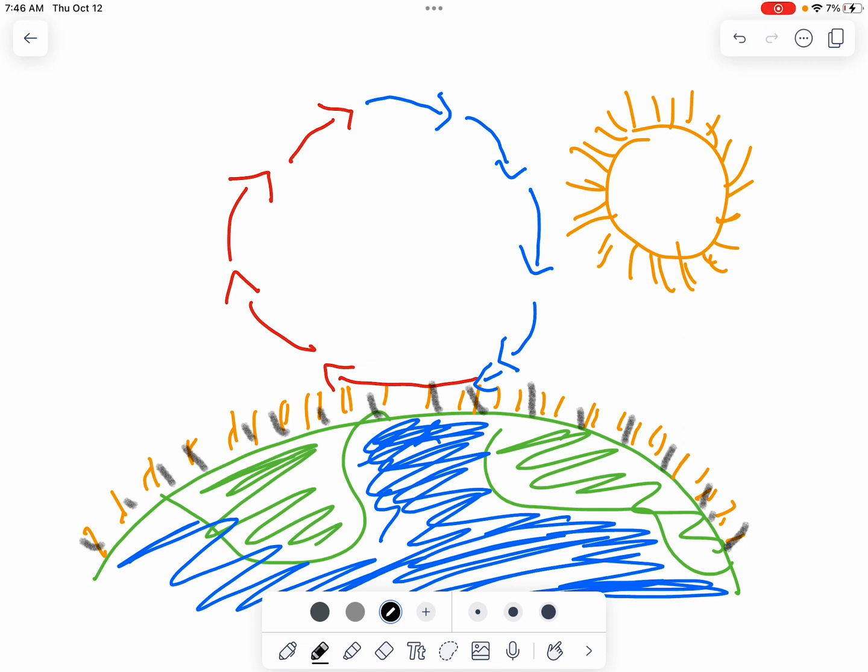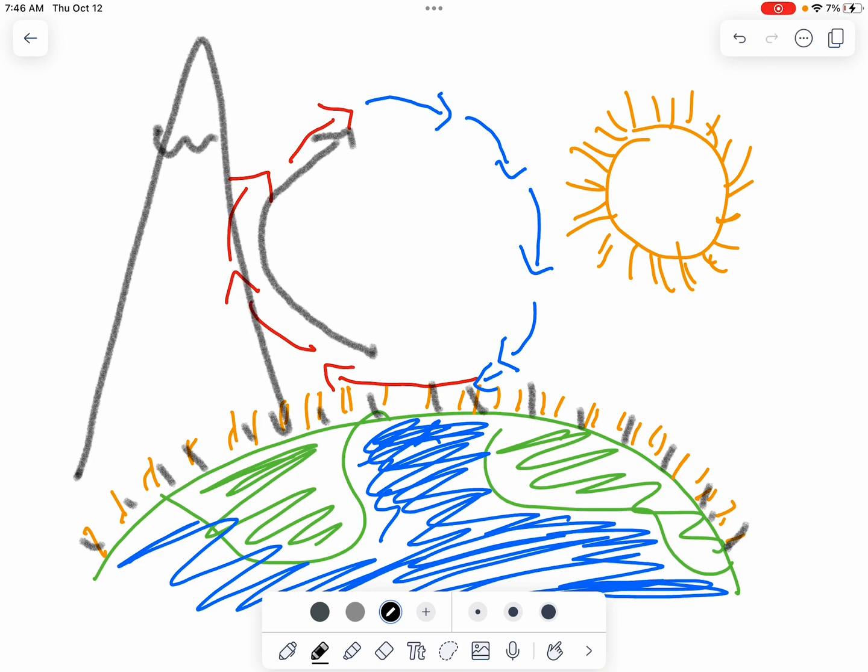So that heat that's really close to Earth's surface is hot and it is less dense, so it rises in the atmosphere. And when we get up to those icy mountain peaks, so think about the mountains and how they're so icy and it's usually snowing up there.